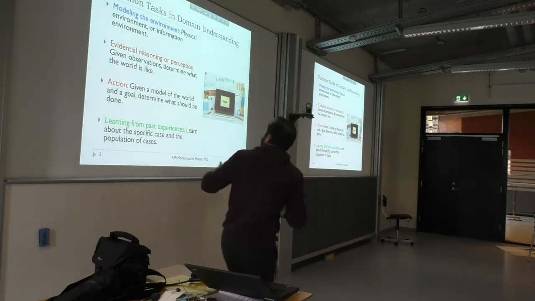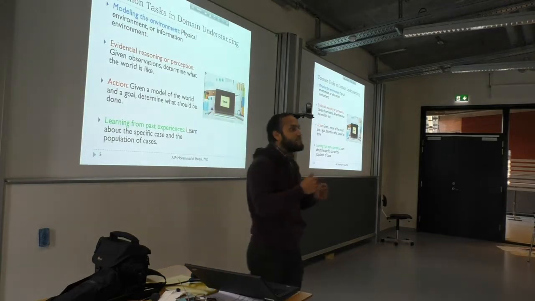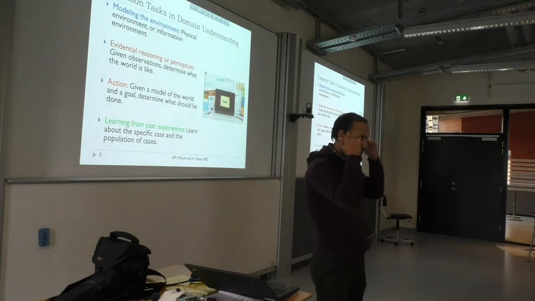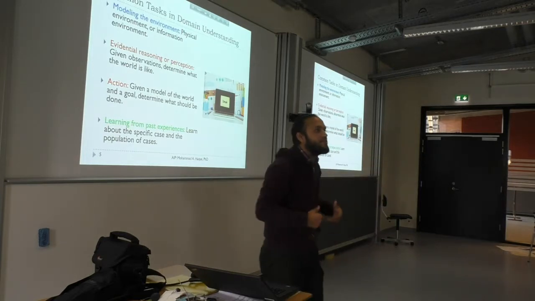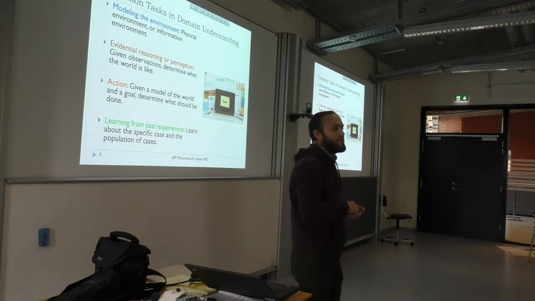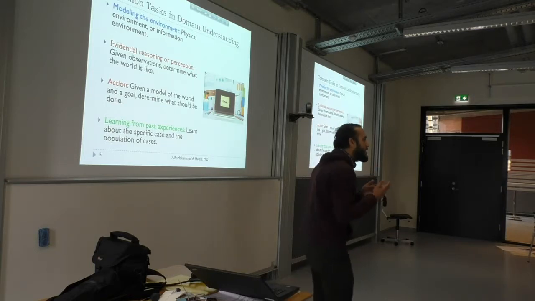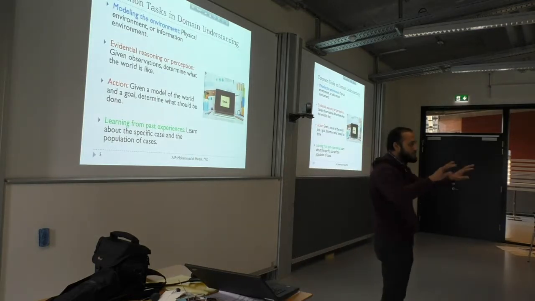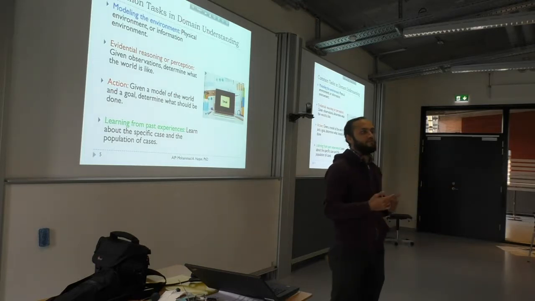And then evidential reasoning and perception. I have to have some logical reasoning in my brain state or in my controlling system, so that I can interact with this environment. The environment will give me something. Using my sensors, I can take those things. And then I have to perceive something. I mean, based on sensory input, I have to understand something about the environment.